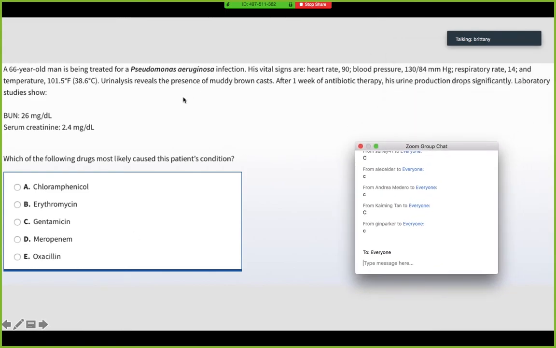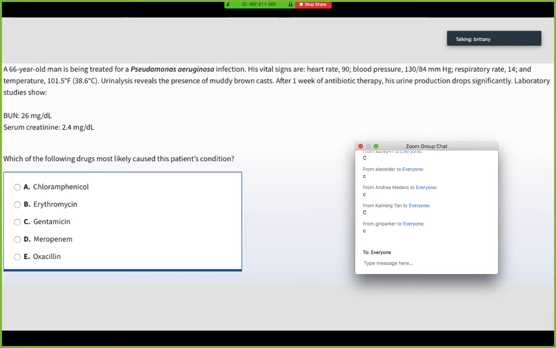The patient being treated for Pseudomonas. Don't worry about his vitals. Urinalysis reveals muddy brown casts. After 1 week of antibiotic therapy, his urine production drops significantly. Basically, his kidneys are messed up. So which of the following drugs likely caused this patient's condition?